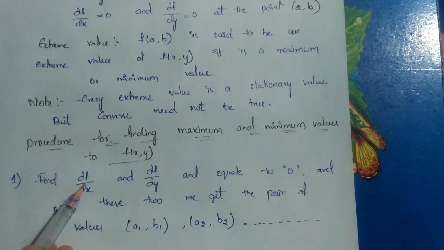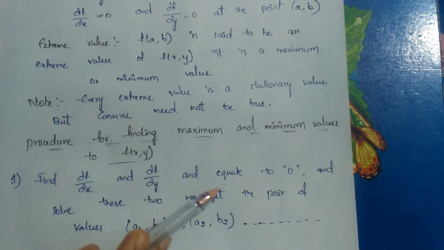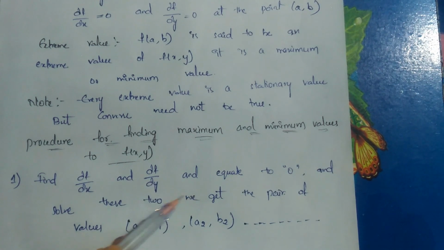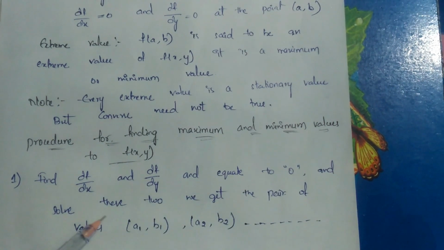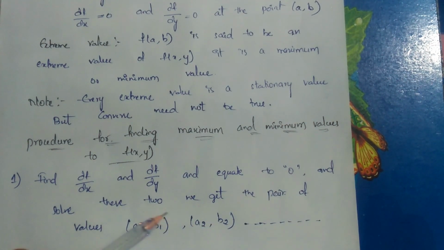So dou f by dou x is equal to 0 and dou f by dou y is equal to 0. Then we get two equations and solve them, and we get pairs of values like a1 comma b1 and a2 comma b2. So these points are known as the stationary points, and we get those points when we equate these derivatives to 0 and solve those two equations.